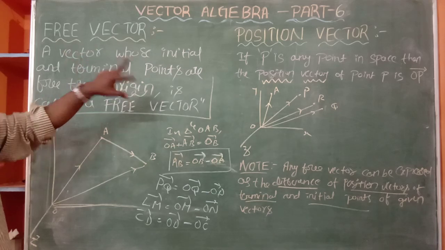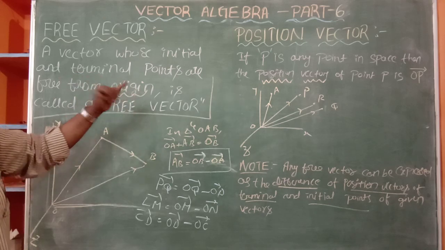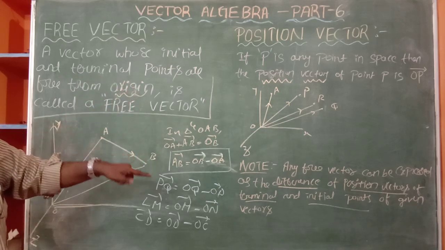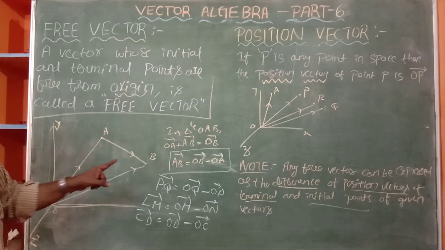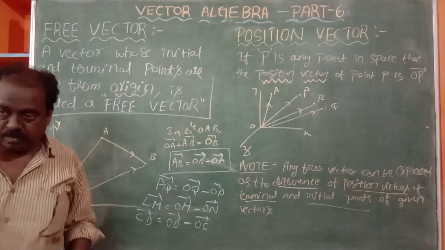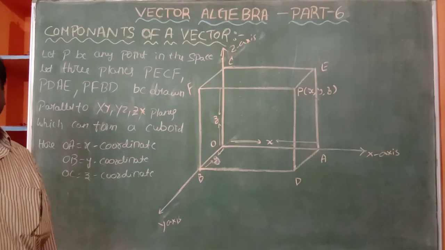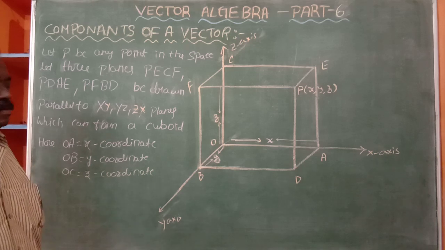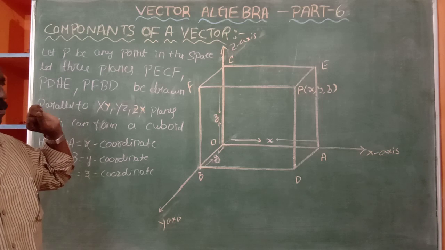By using these two concepts, any free vector can be expressed as the difference of terminal and initial position vectors. Okay? That is a very important concept.